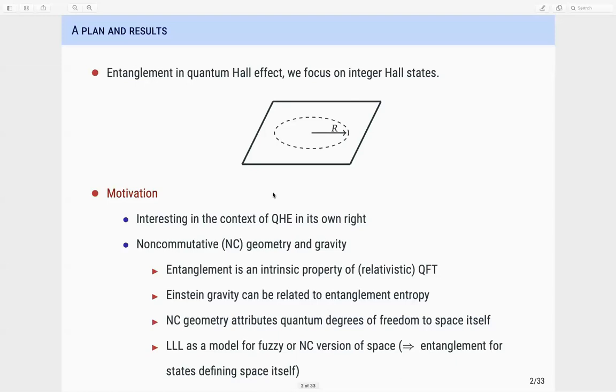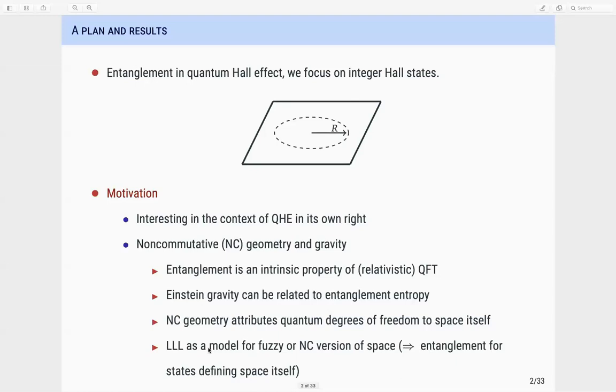First of all, entanglement is an intrinsic property of relativistic quantum field theory. Secondly, Einstein gravity, we know, can be related to entanglement entropy. Now, in non-commutative geometry, we attribute quantum degrees of freedom to space itself. In describing a fuzzy or non-commutative manifold in terms of a Hilbert space of states, we are attributing degrees of freedom to space itself.